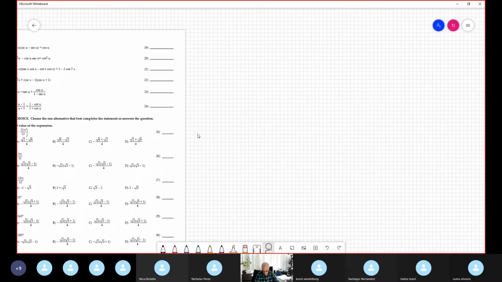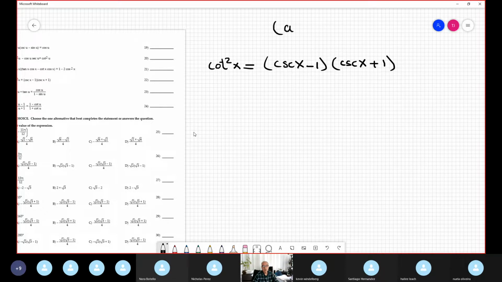22 is easy. It's cotangent square x equals parenthesis cosecant x minus 1 multiplication cosecant x plus 1. Wow, this looks like the famous product that we do in algebra, which is a minus b times a plus b.